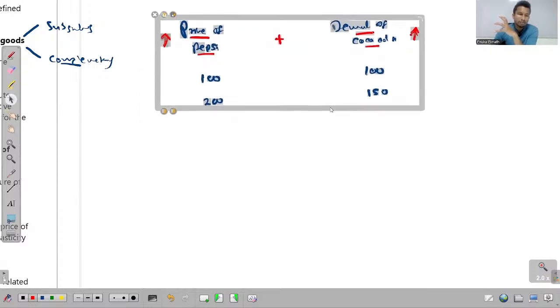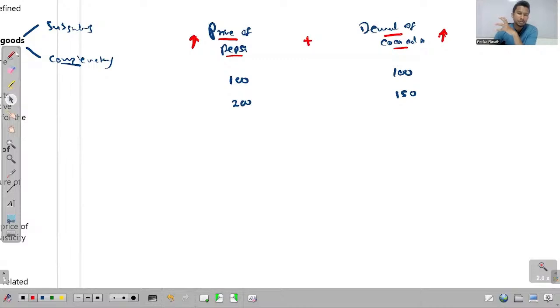And now we will pick two complementary goods. On one side, we have the price of petrol, and on the other side, we have the demand for cars.